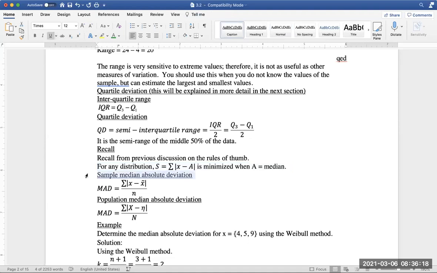So let's define the sample median absolute deviation: the sum of the absolute value of x minus the median, all divided by n, where n here is the sample size. The population median absolute deviation is the sum of the absolute value of x minus the population median, all divided by the population size. So let's do the following example.